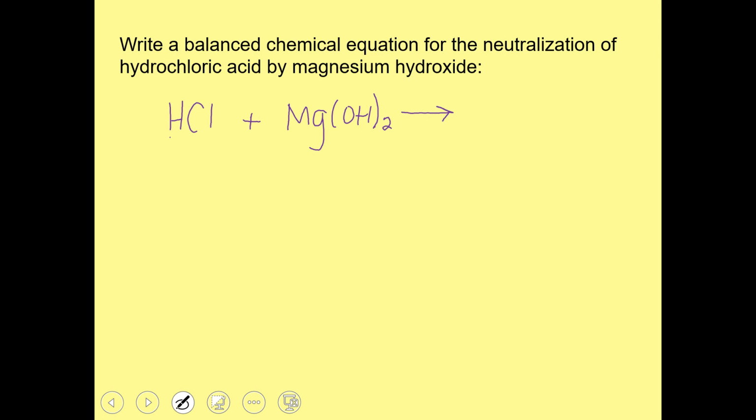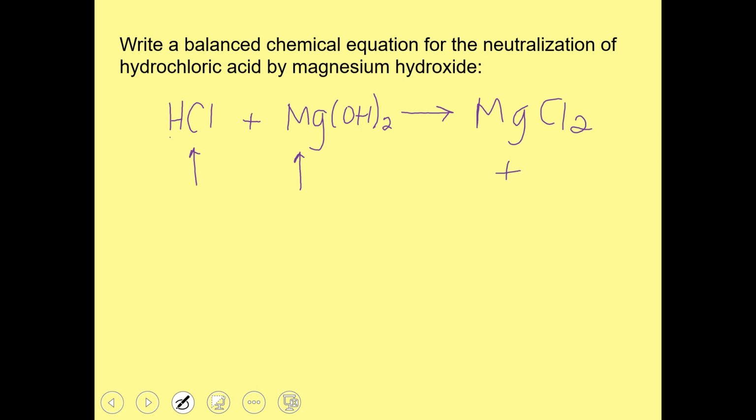They react. When an acid and a base react, a double replacement happens. You get a salt and you get water. The salt is made, remember, from the cation of the base and the anion of the acid. So we would get MgCl2, because magnesium is +2 and Cl is -1.